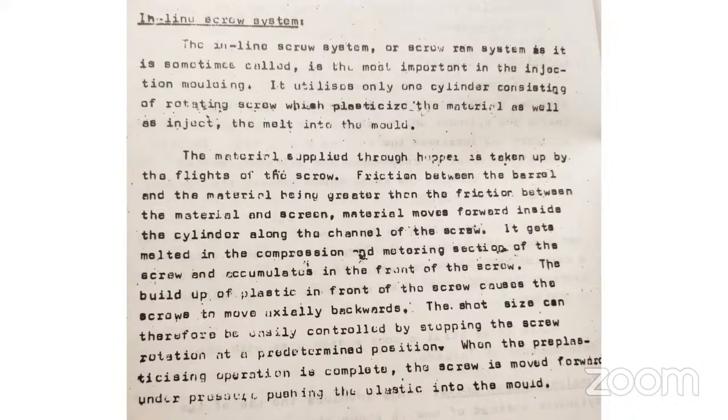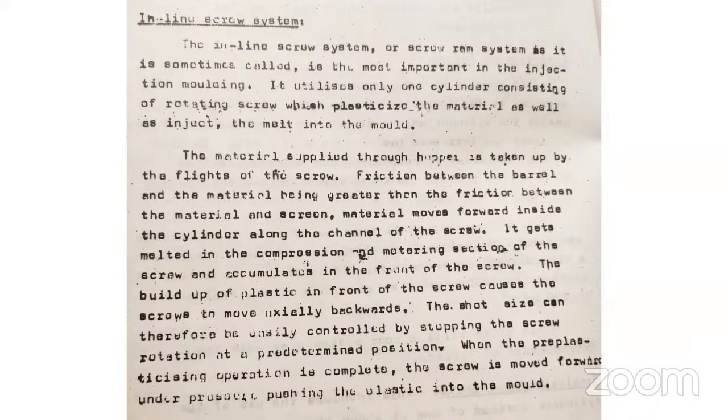Now, this friction between the barrel and the granule is very high, right? But there should not be friction between the screw and the granule. Remember this thing. Frictional heat develops only between the granule and the barrel, but frictional heat is not developed by the screw and the material or granules.